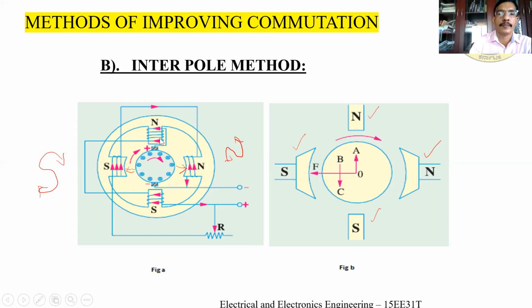Similarly, in the interpole, when current flows anti-clockwise it acts as a north pole, and if current flows in the clockwise direction it acts like a south pole. The EMF induced due to this interpole helps to overcome that reactance voltage, thereby it improves the commutation.